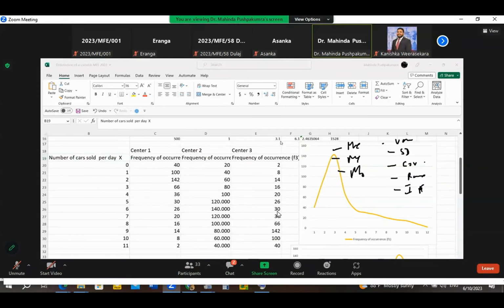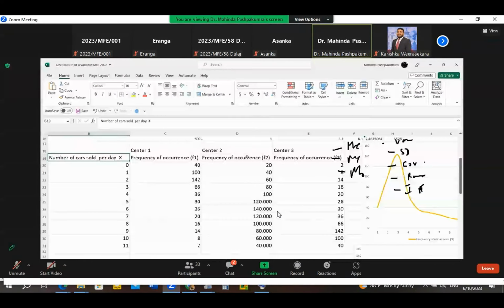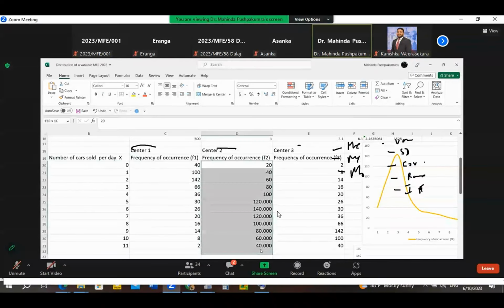Let's say in a car sales company, they have 3 centers: one in Colombo, one in Kandy, one in, let's say, Galle. There are 3 centers. Then they collect the number of cars sold per day.